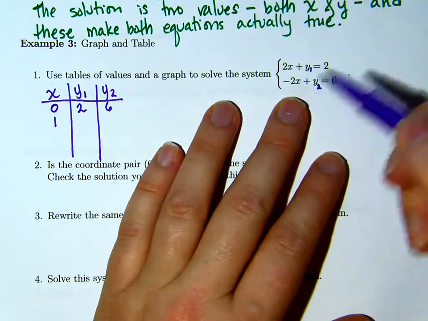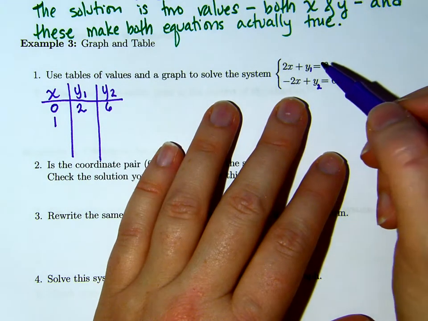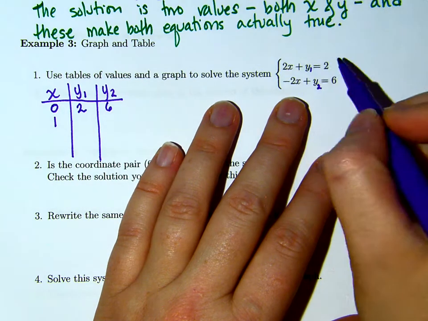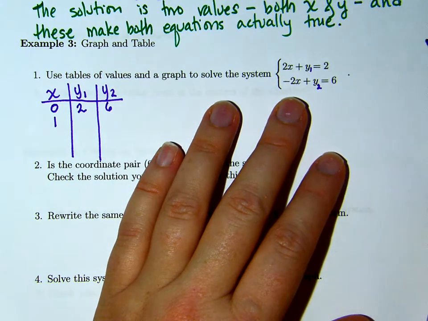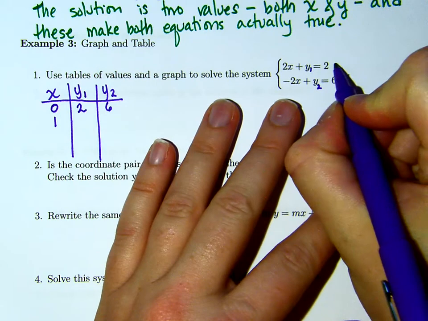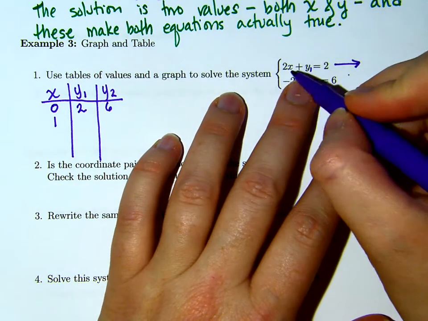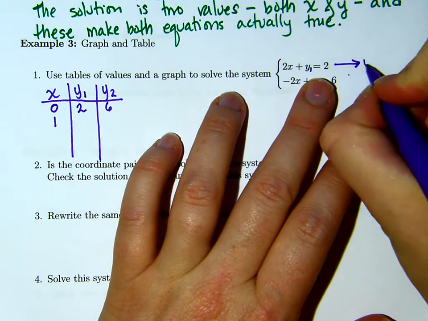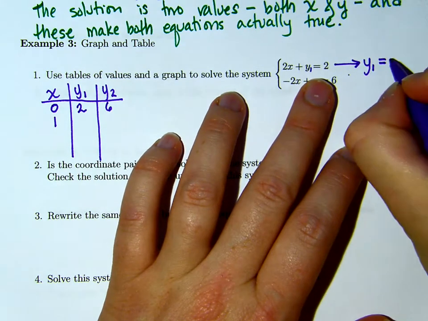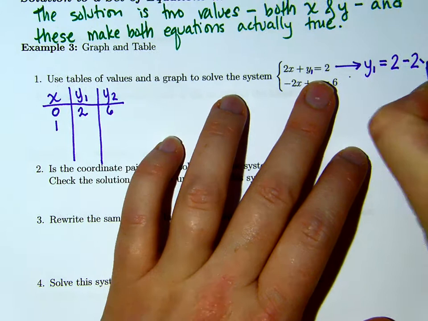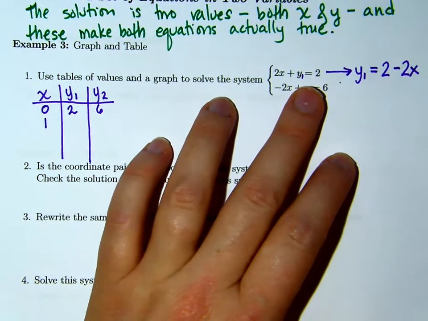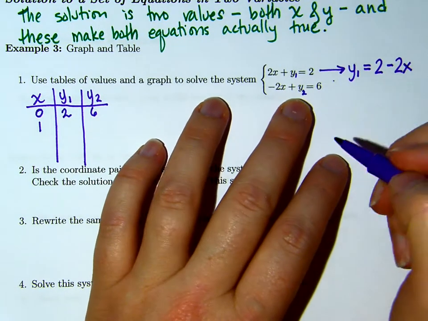But I feel like I just keep solving this equation, and that's getting hard to keep track of everything. So maybe what we could do is rearrange this, subtract 2x from both sides, and I feel like that's going to make our life a little bit easier in terms of computations.